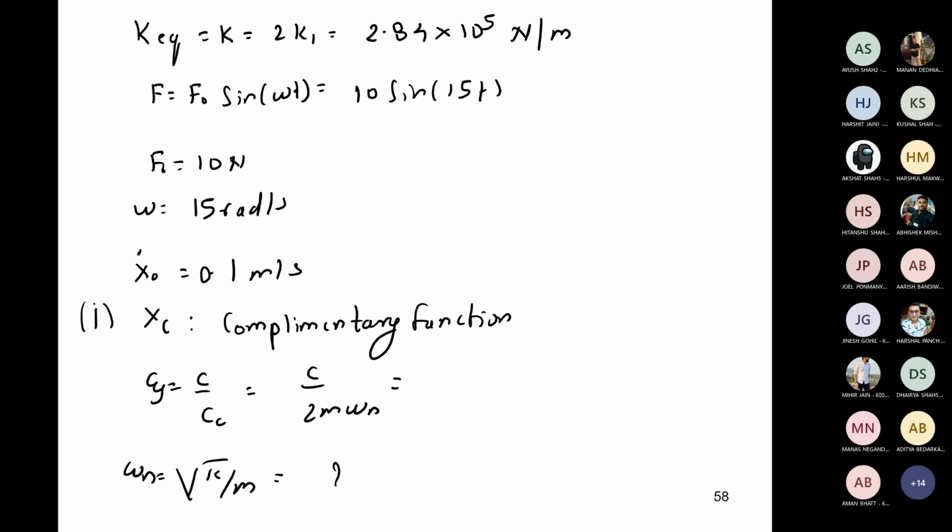So what kind of system is this? In terms of damping, type of damping.